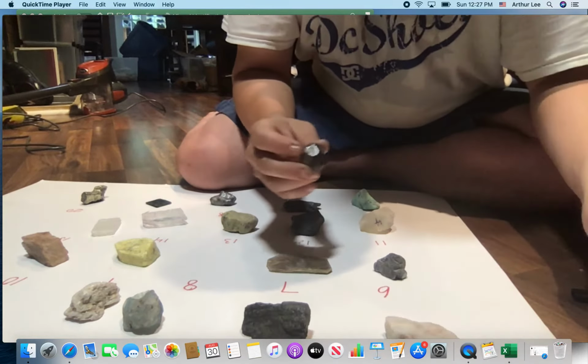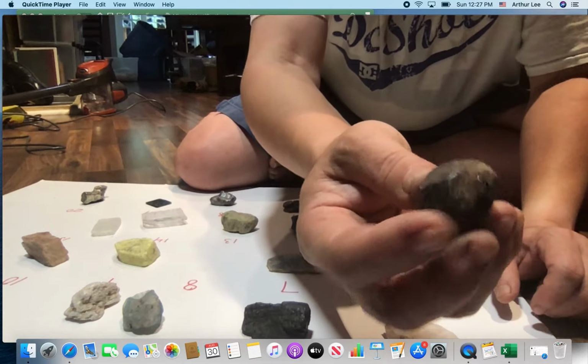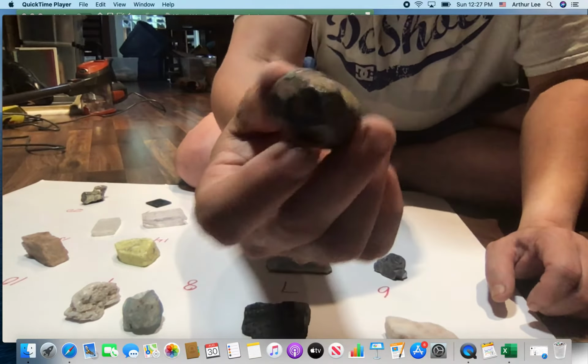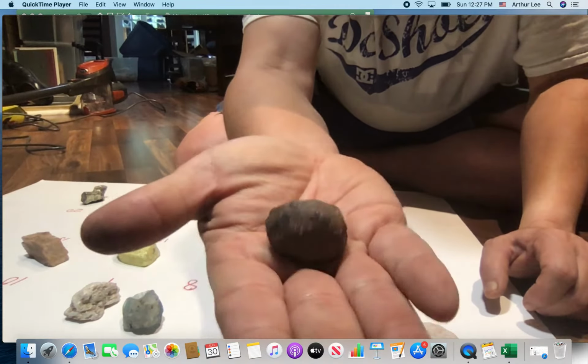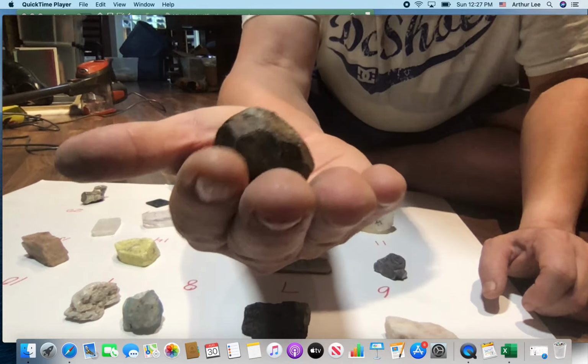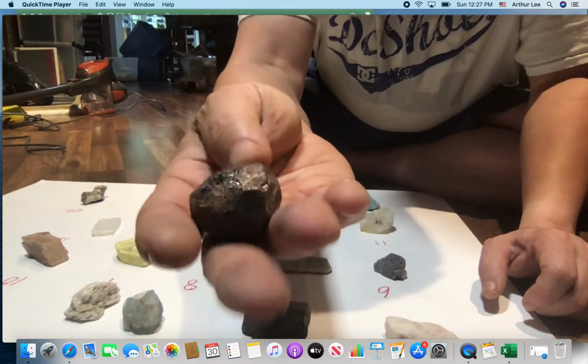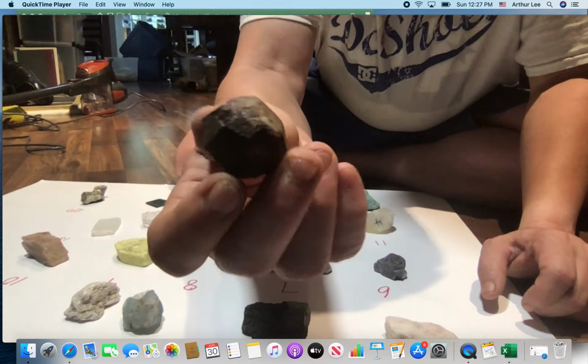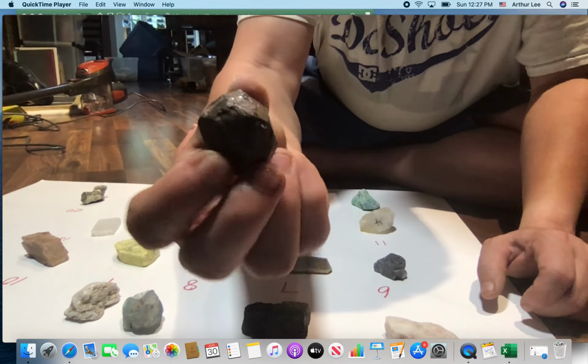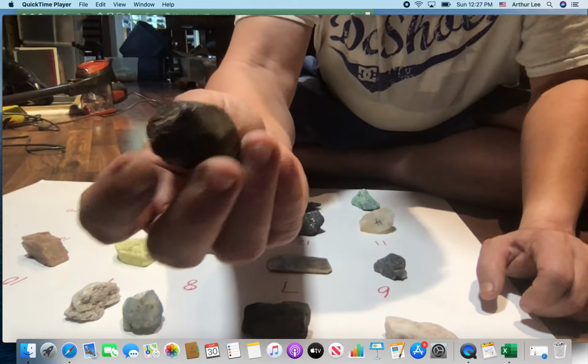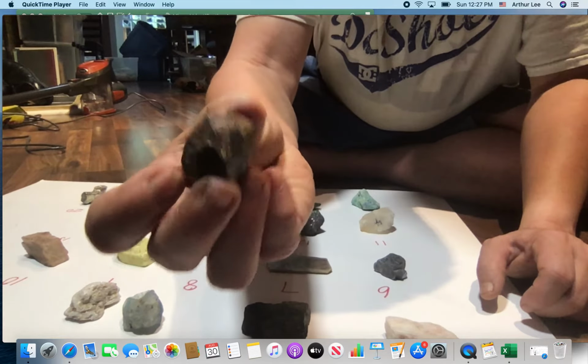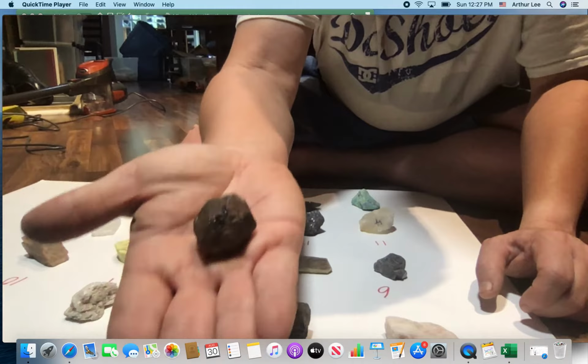That means it's harder than 6.5. Mineral number 8. When the quiz comes around, don't forget, this mineral comes in different colors. It might not be this color, but they always grow into 12-sided crystals.